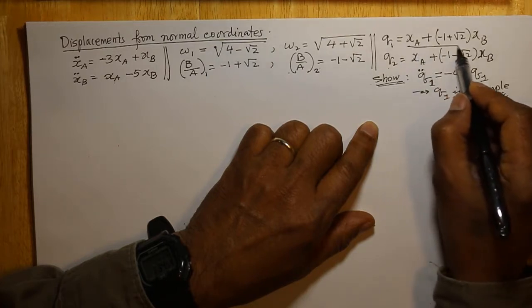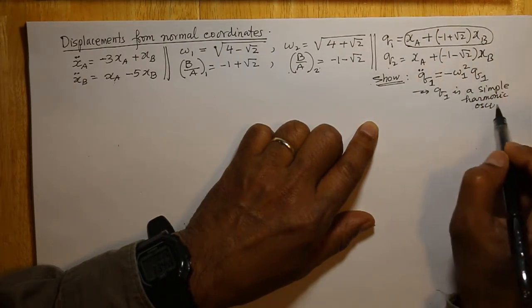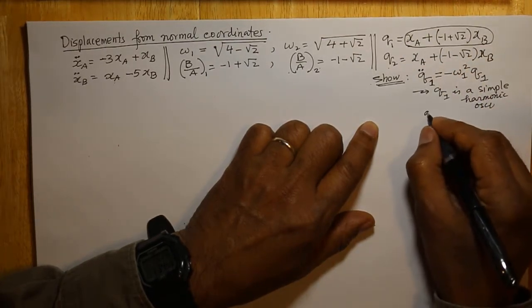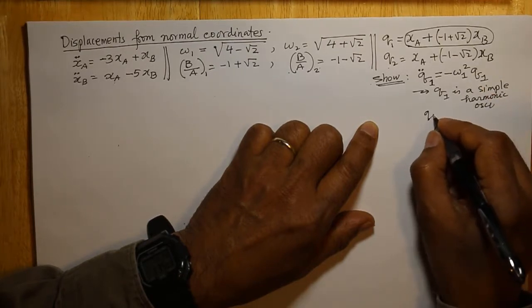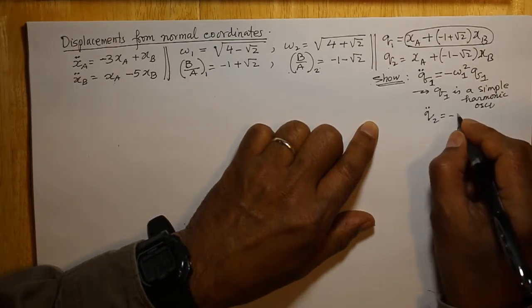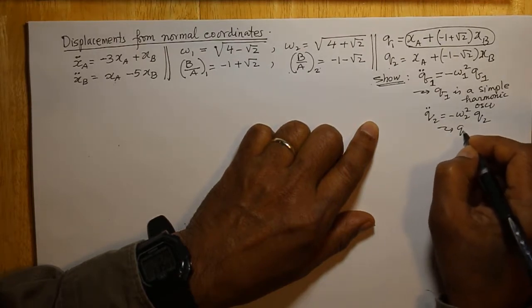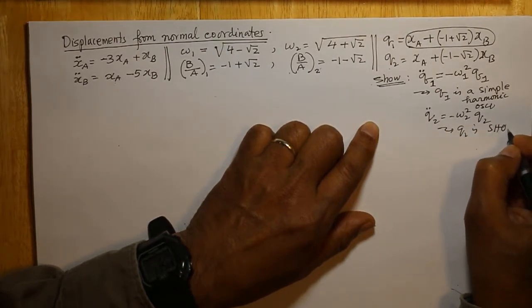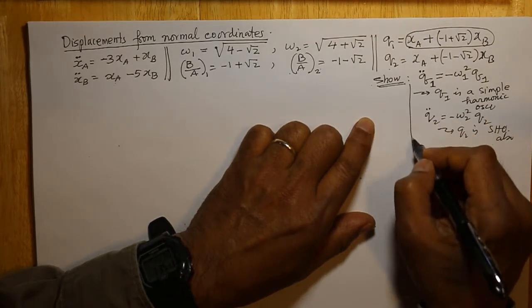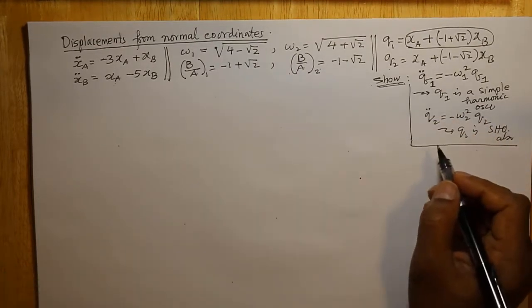Like, this combination of A and B is a simple harmonic oscillator, Q1 with frequency omega 1, and Q2 double dot is minus omega 2 squared Q2, so Q2 is a simple harmonic oscillator also. So that's the meaning of the normal modes in a way.